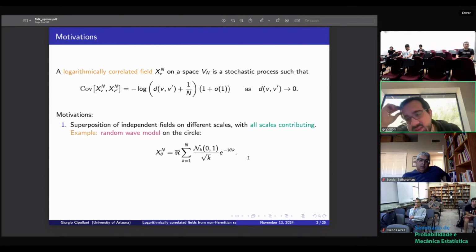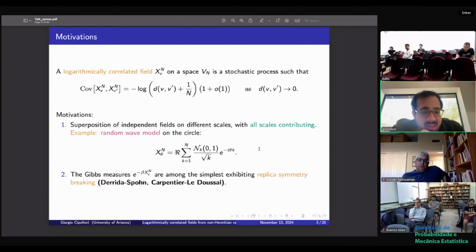And you can see that the contribution to, say, the variance or the covariance comes from all scales, because if you compute the variance of this quantity, it's nothing else than the sum of 1 over k, like the Taylor expansion of the log. That's precisely why all the scales contribute: we have a logarithmically divergent sum. That's why it's a log-correlated field, and that's why all the scales contribute.